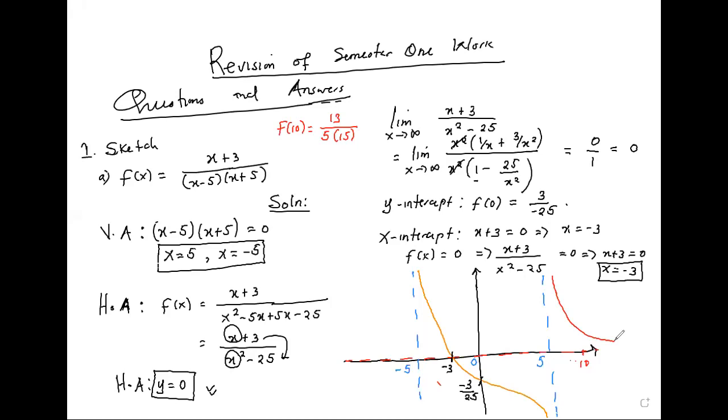Then negative 10: we'll have negative 10 plus 3, negative 7, over negative 15 multiplied by negative 5. So this is negative 7 over positive 75, which is negative. So the graph is going to be down here.